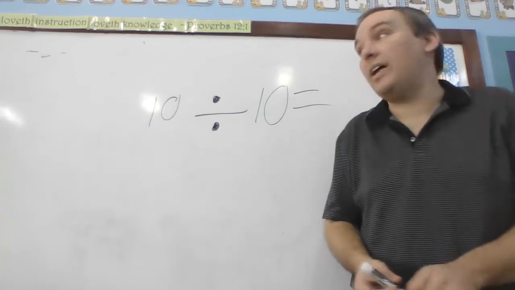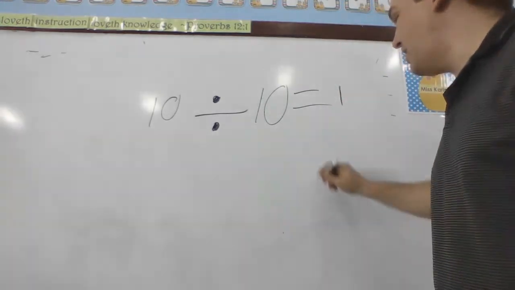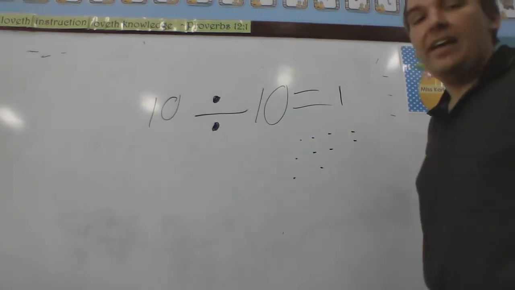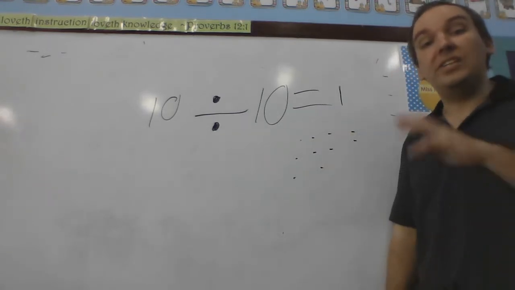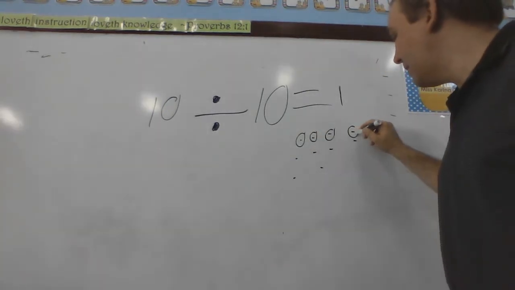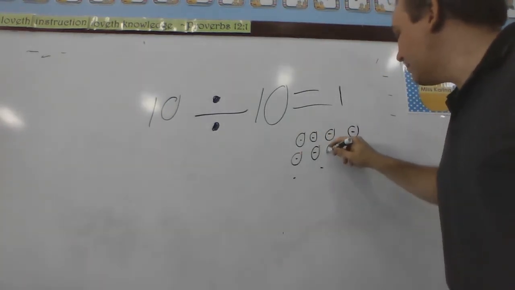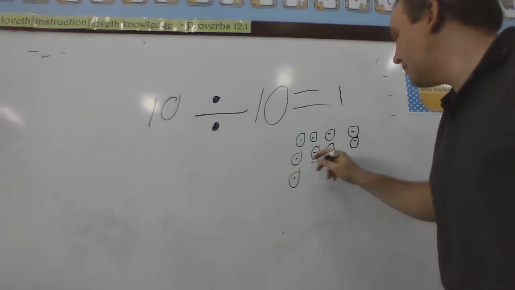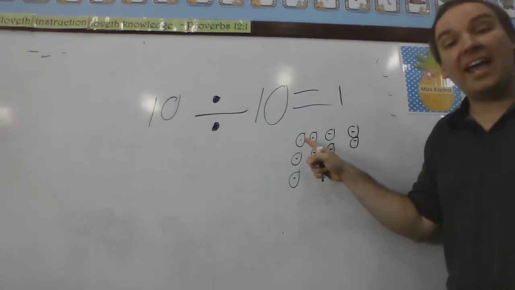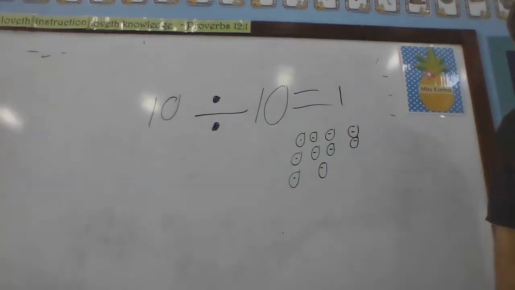Well, the answer is 1. Right? You have 10 ants, 1, 2, 3, 4, 5, 6, 7, 8, 9, 10. And we want to split them up into 10 different groups. And we will have 1 ant in each group.